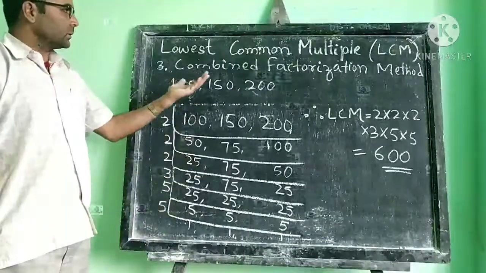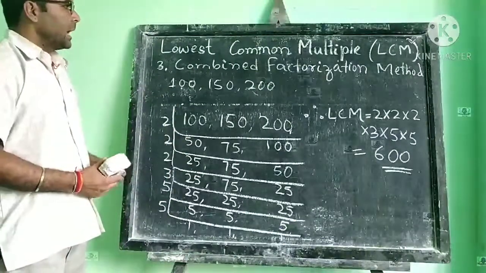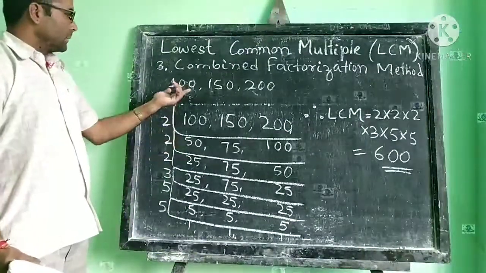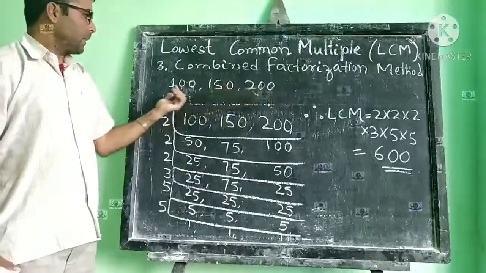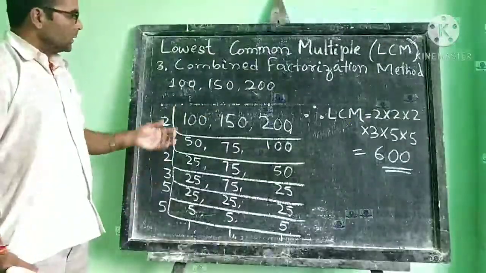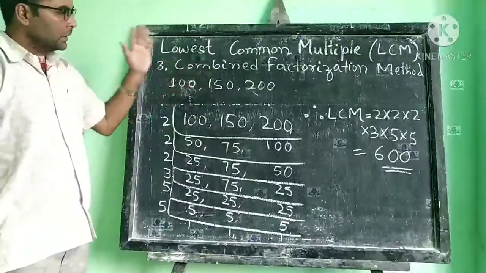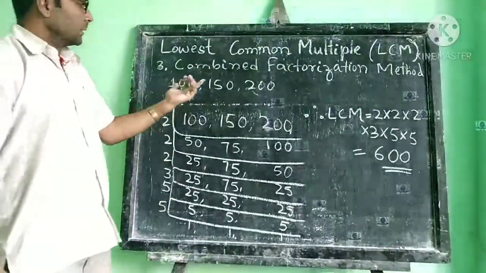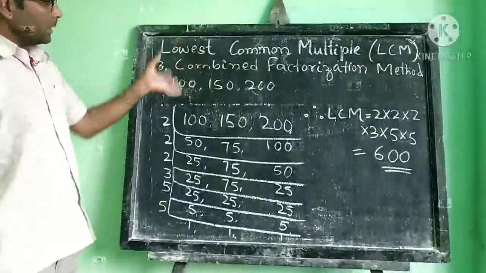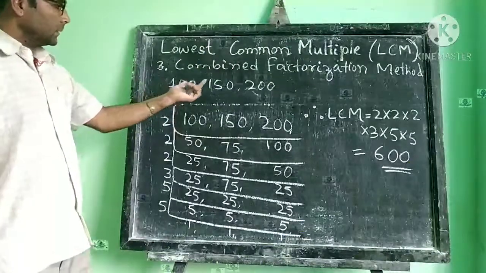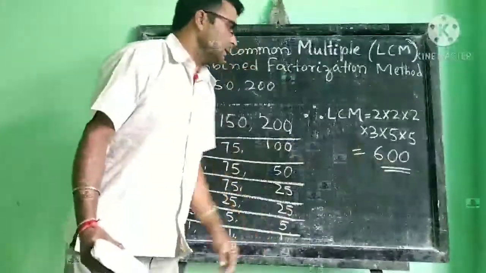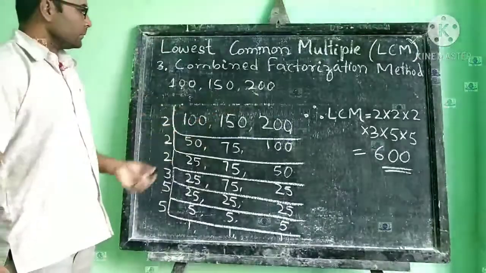So today I taught you 3 methods to find LCM. We have taken the same example for all the methods, so that you can clearly understand that only the methods are different, but the answer must be the same.